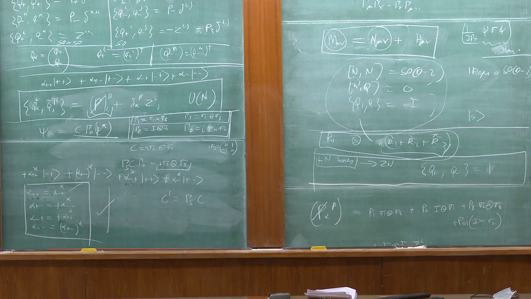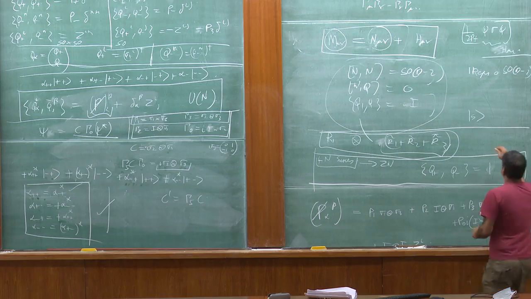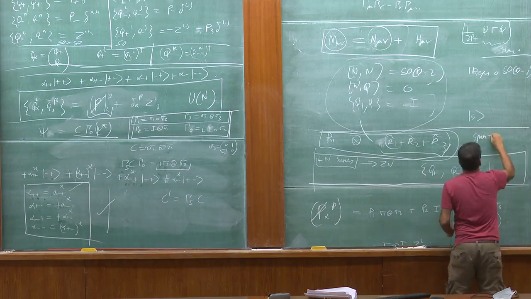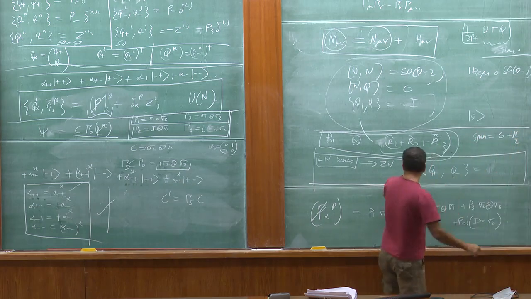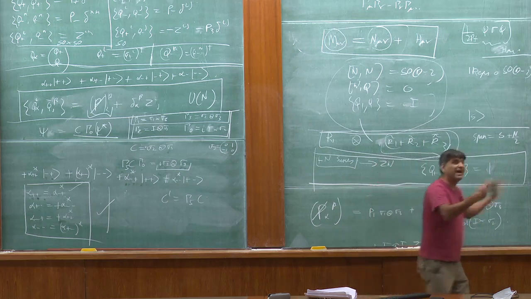But if I act with these n q pluses on the spin S vacuum, the final state when I act with all of them will have spin equal to S plus n by 2, because each of these pluses carries spin half.